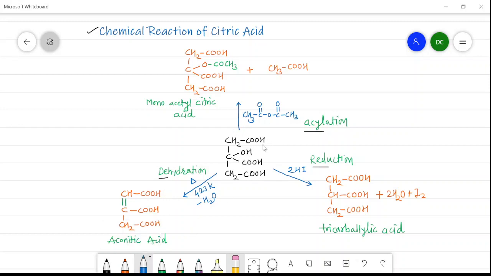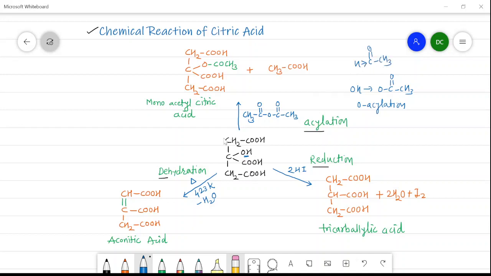Citric acid possesses a hydroxyl group, and this hydroxyl group, that is the OH group, is converted into OCOCH3. It is called an acylation, and it is an oxygen acylation, that is O-acylation. Hydrogen is replaced by a COCH3 group.